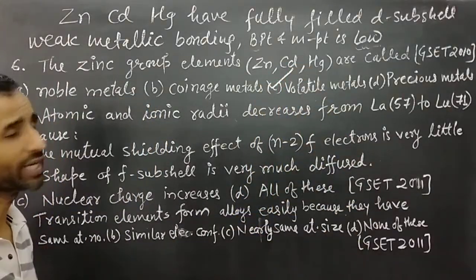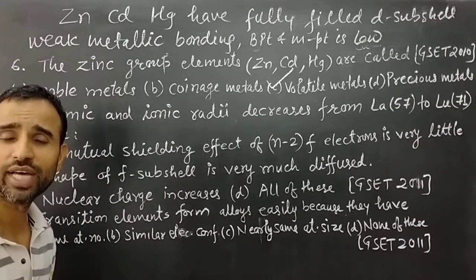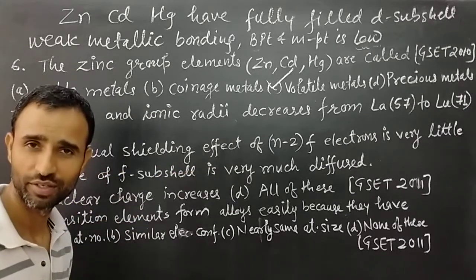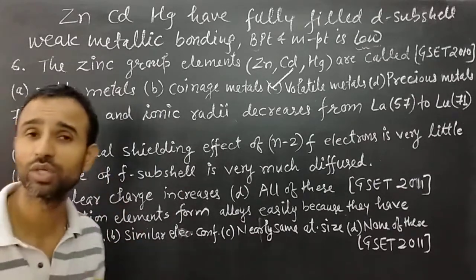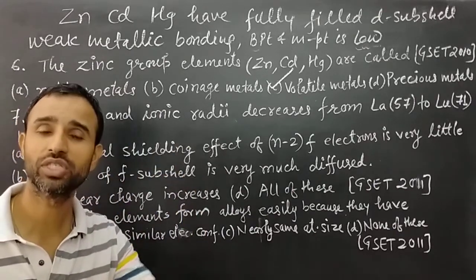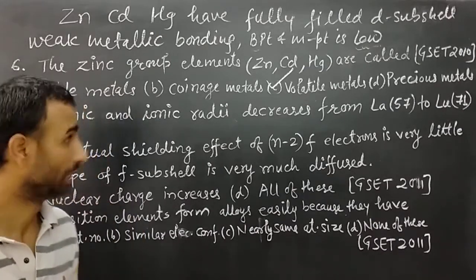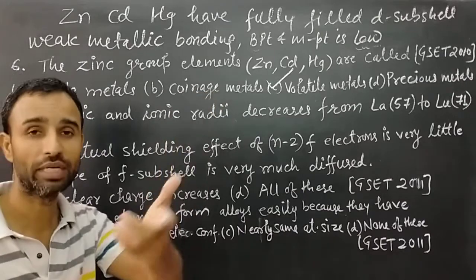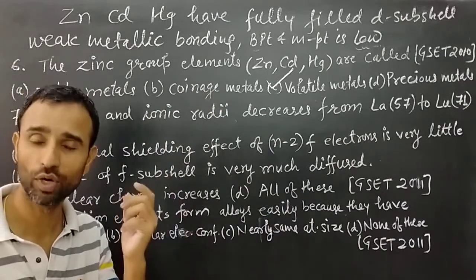Noble metals, coinage metals and precious metals are almost synonymous. A noble metal is one which is resistant to corrosion. If it is resistant to corrosion, it was historically used in coins, like copper, silver and gold.